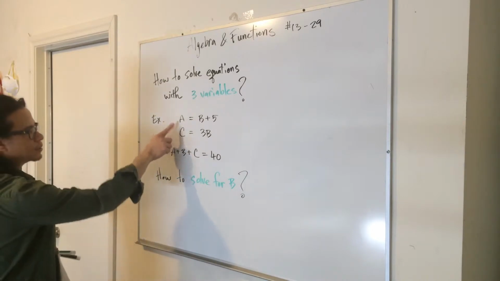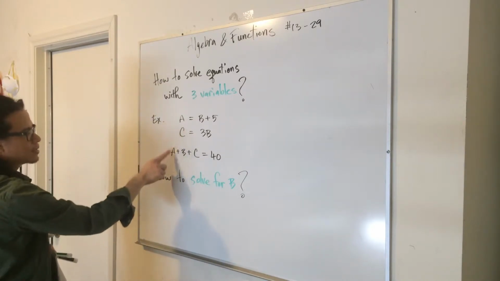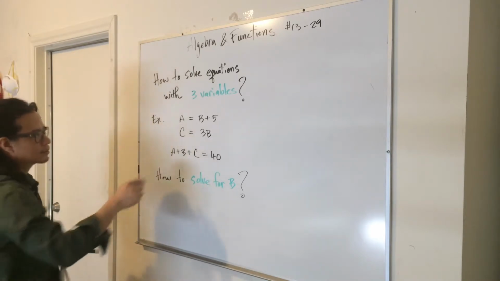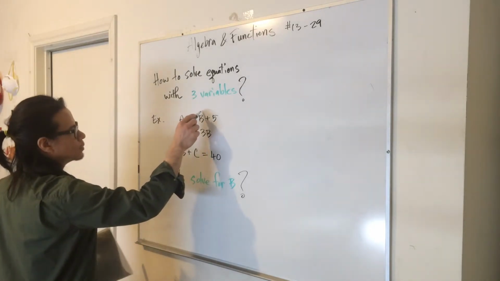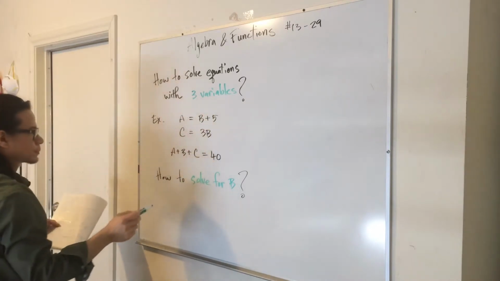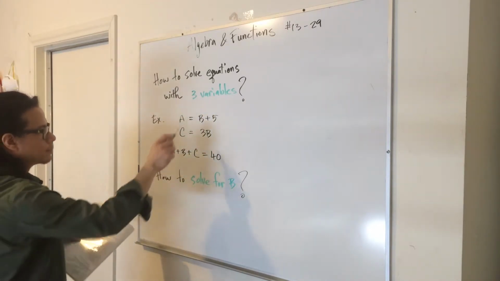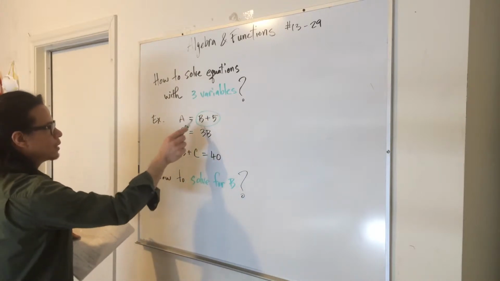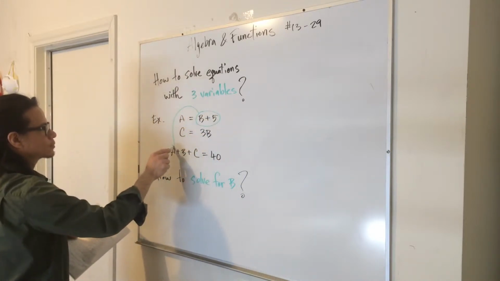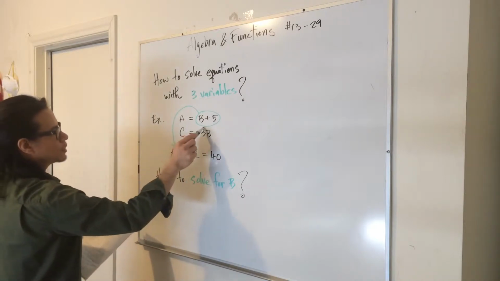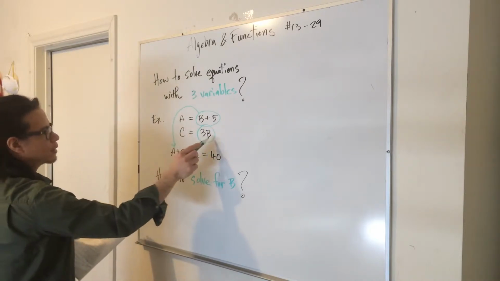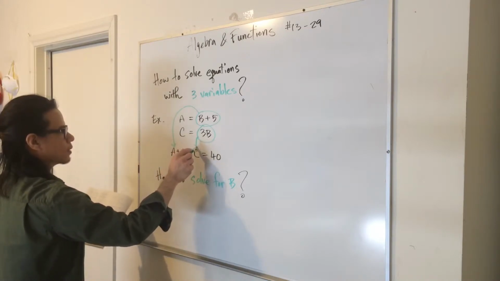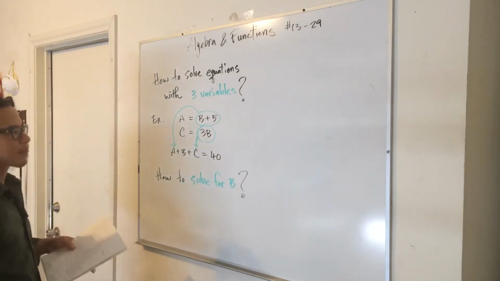If we substitute for a and c, we just might be able to find b. So what I'm going to do is I'm going to put this value in for a, going to put this value in for c.